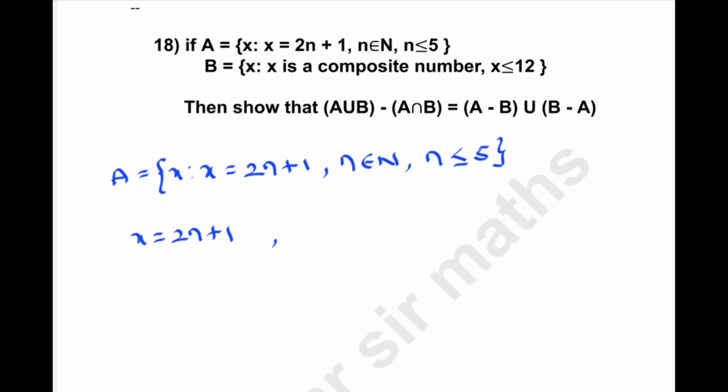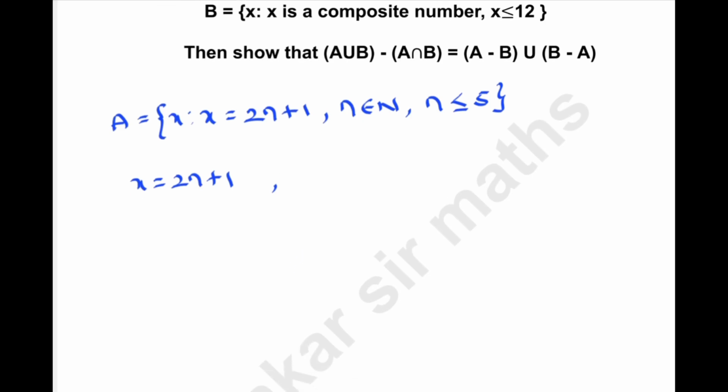Set A equals x such that x equals 2n plus 1, where n belongs to natural numbers and n is less than or equal to 5. Now we are writing the x value. If I take n value as 1, x equals 2 into 1 plus 1, so 2 plus 1 equals 3.